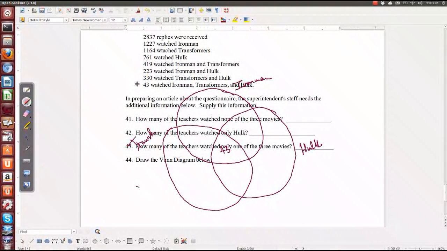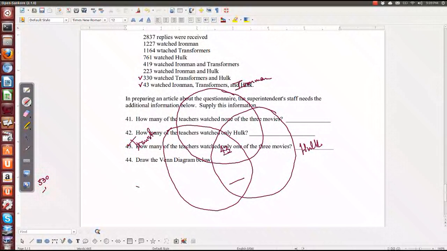So for the 330 information, these are the teachers that have watched Transformers and Hulk. Transformers and Hulk are going to be these 43 students plus these students, which we have no idea how many there are. But I do know that they have to add up to 330.